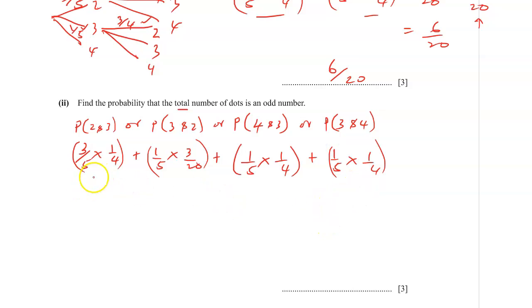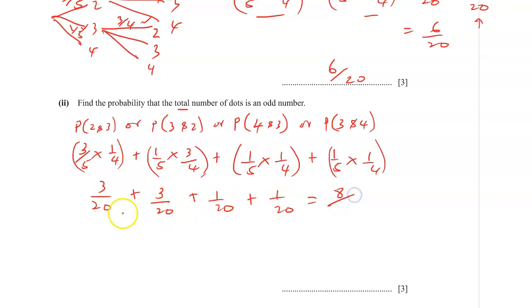When you do the math, this will be 3 out of 20 plus, this was actually 4, not 20. So 3 out of 4, and therefore this will be 3 out of 20 plus this will be 1 out of 20 plus this will be 1 out of 20. 3 plus 3 plus this 6, 7, 8 is 8 out of 20. Then it says 8 upon 20.